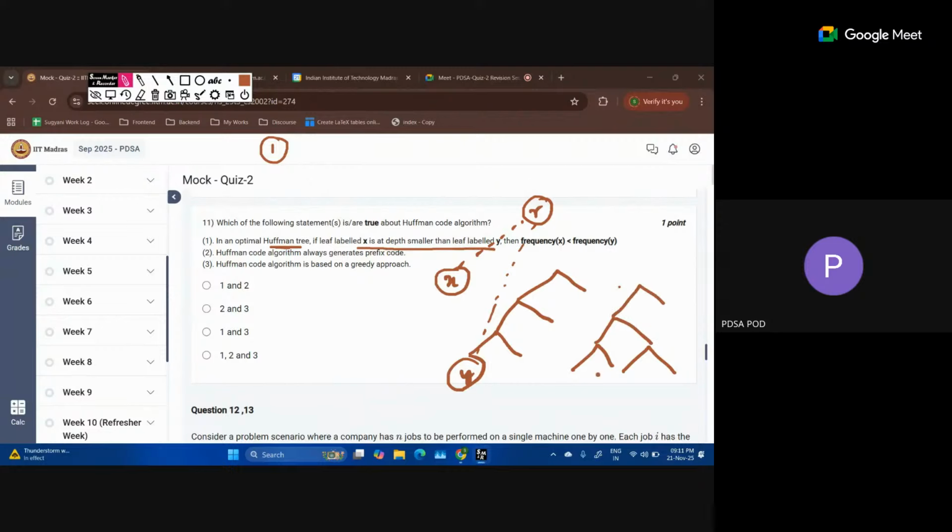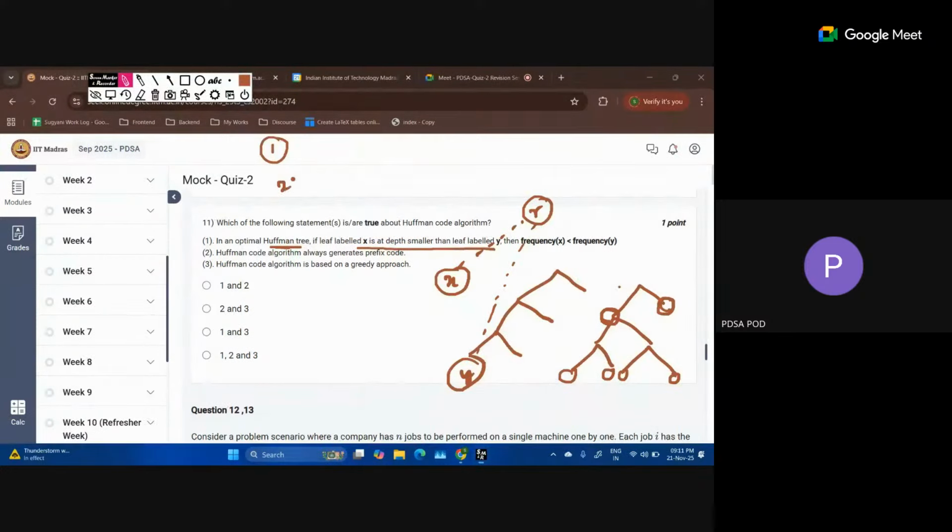So what you merged initially all had lesser frequency as compared to the nodes over here, because this one is being merged with something with a larger frequency. So all of the nodes towards the top of the tree will have larger frequencies as compared to the ones towards the bottom of the tree. Okay, that is the first argument.